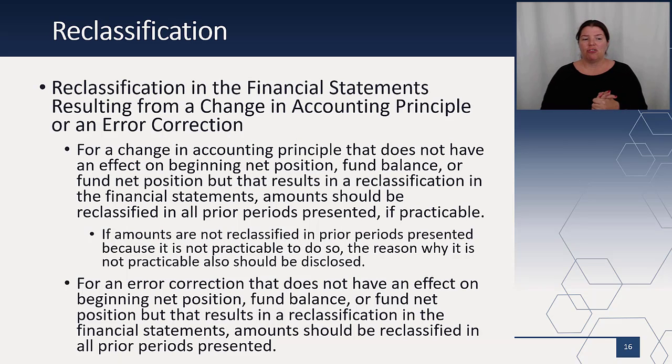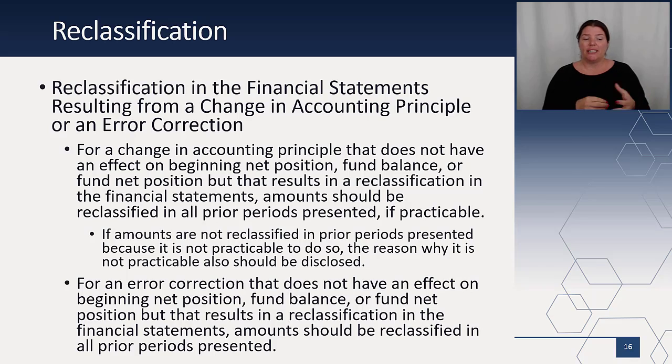They also address reclassification. So again, if you do a change in accounting principle and things move around, or you have an error correction, what does that presentation look like? So for a change in accounting principle that does not have an effect on net position or anything like that, but does result in reclassification, then again, we are going to reclassify all prior periods presented.